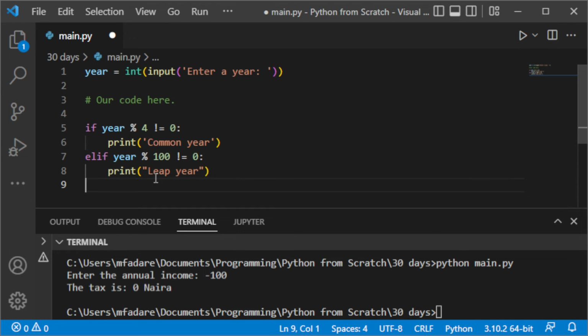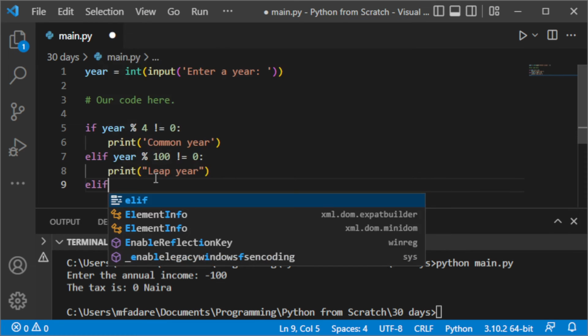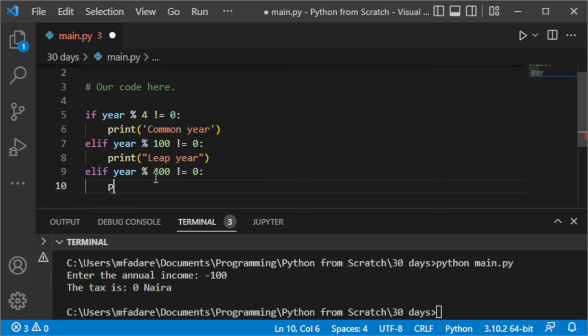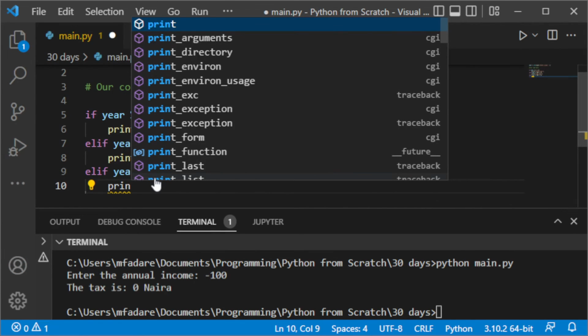Then we have another condition that says if these first two conditions are not met, do another condition. So that's where we are now. The next condition is that if year is not divisible by 400, then do this. Then print common year.